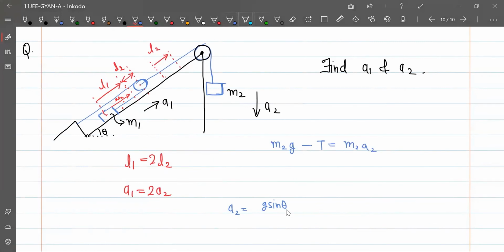Sir, can you repeat? Sir, G sin theta into M2 minus 2M1.